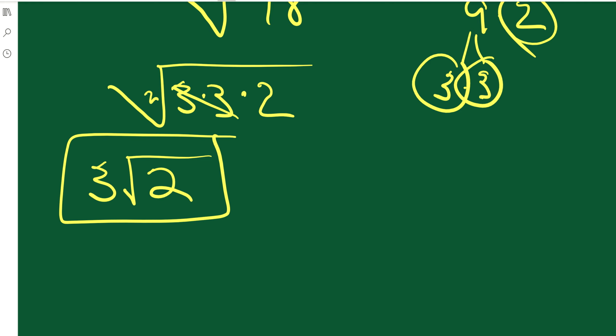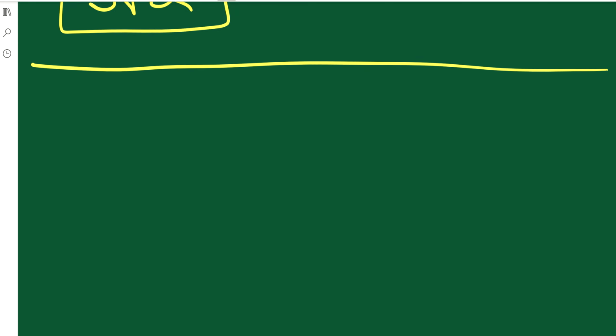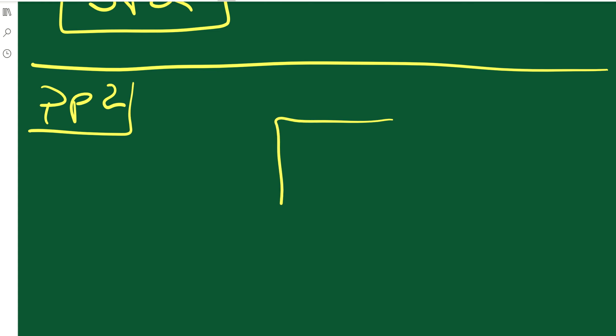Let's add some variables to the next one. This is practice problem 2. I'm going to have the square root of 50 x to the second y to the third.